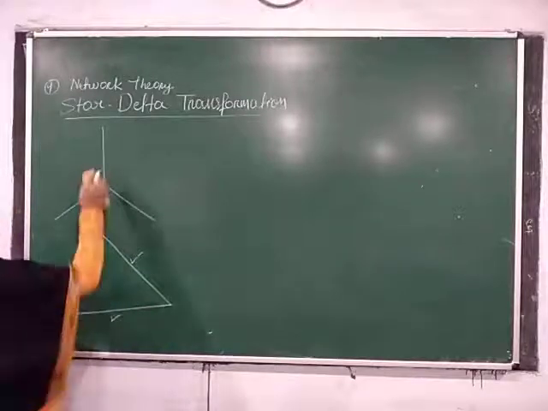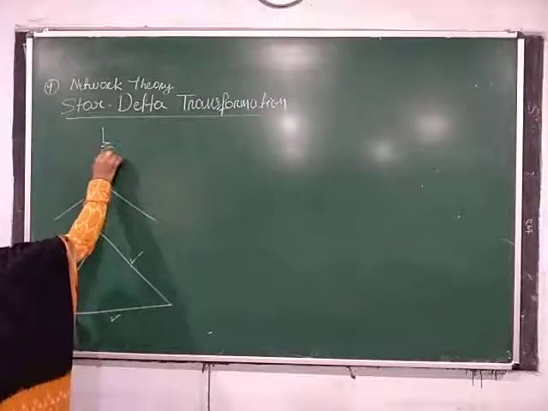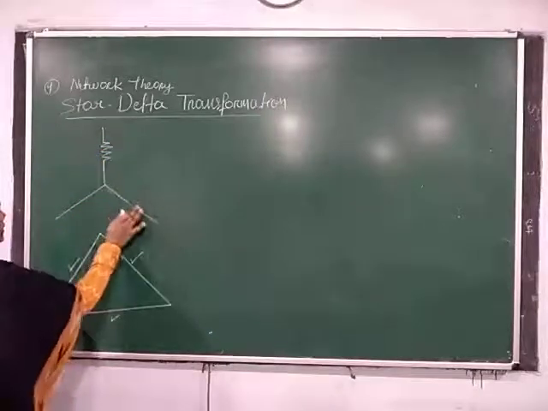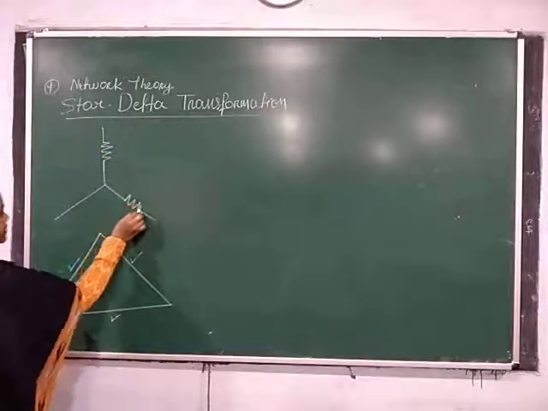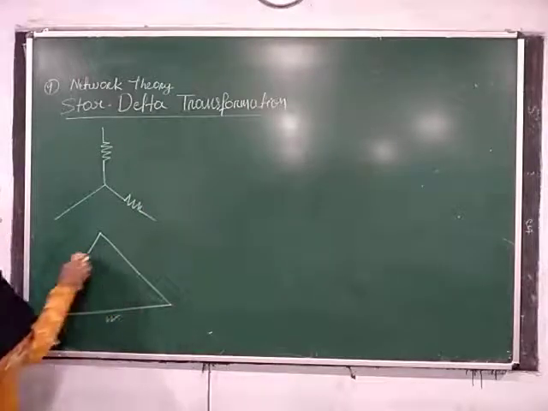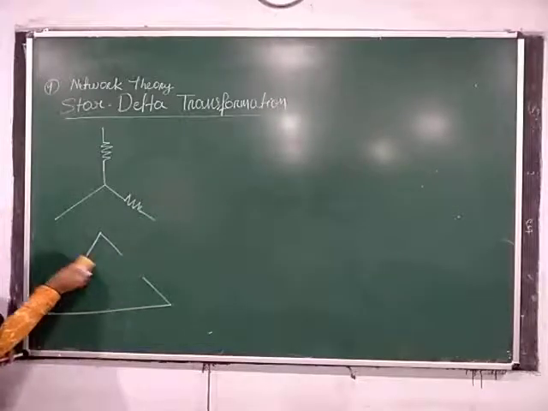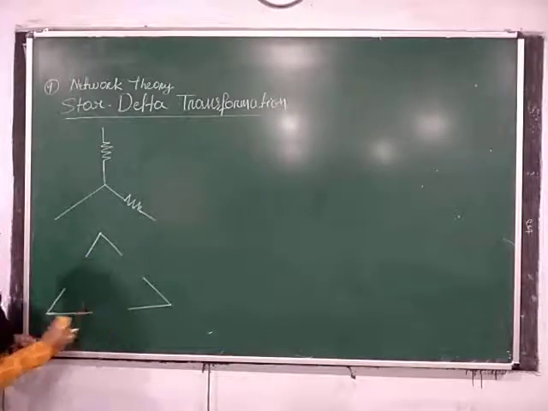So I connect a resistor in all three branches. Here also I connect resistor. You may take any circuit element. Here I assume resistor.